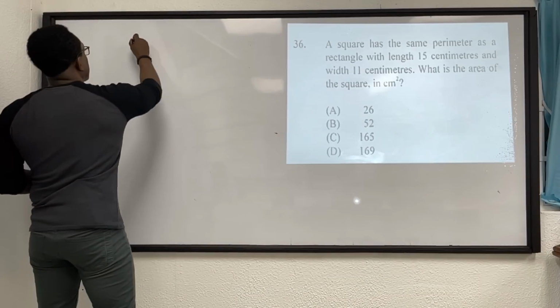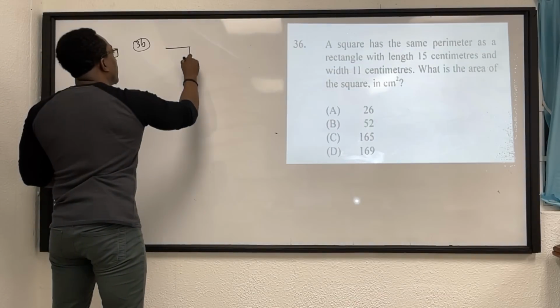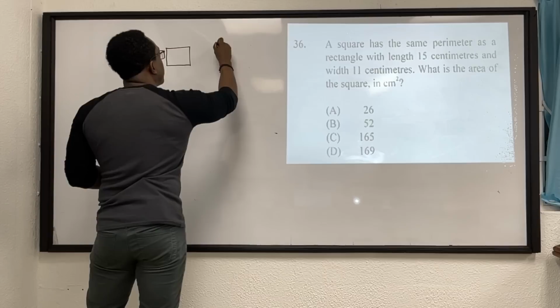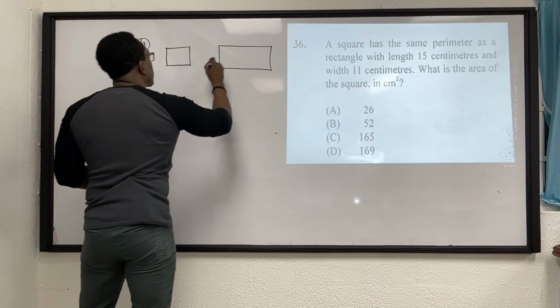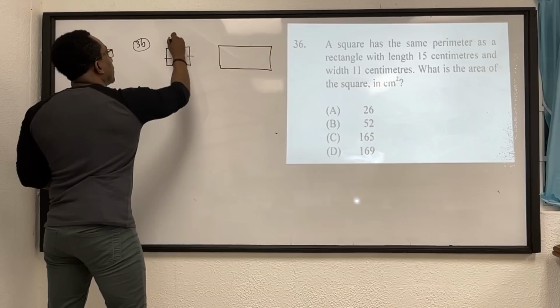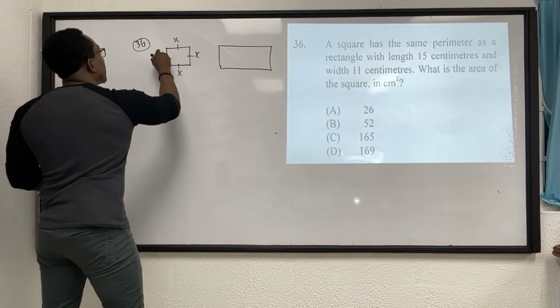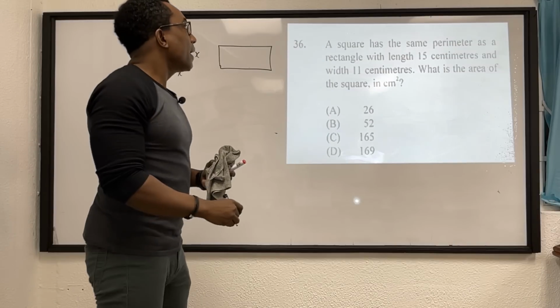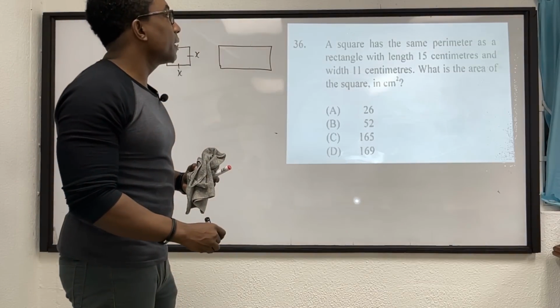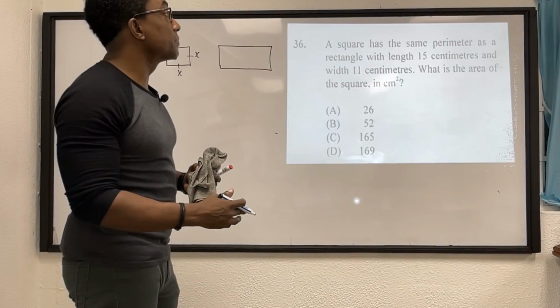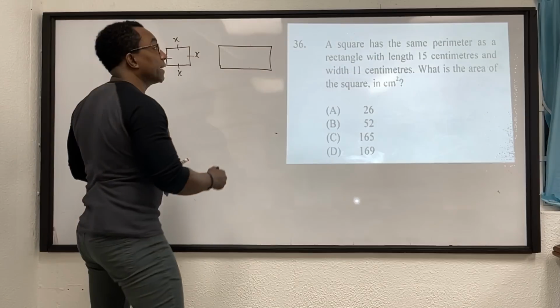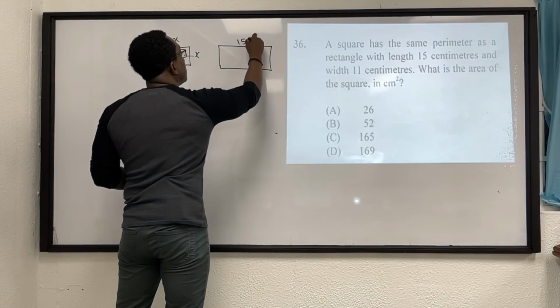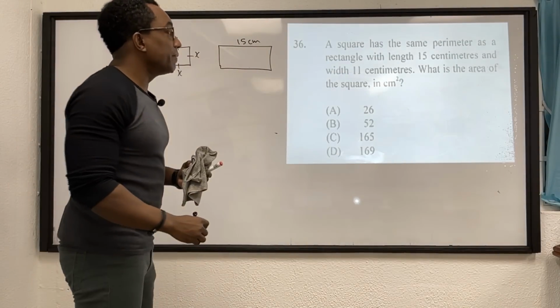So for question 36, we have a square, we have a rectangle. We know with a square, all 4 sides are the same length, and of course it states here it has the same perimeter as a rectangle. For that rectangle, the length is 15 centimeters, the width is 11 centimeters.